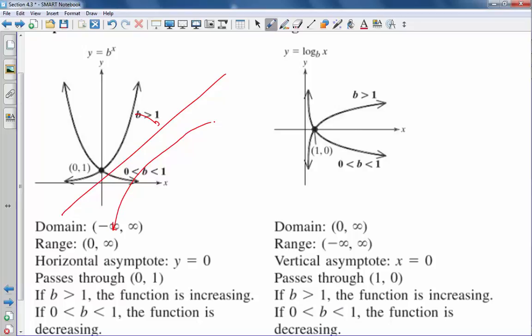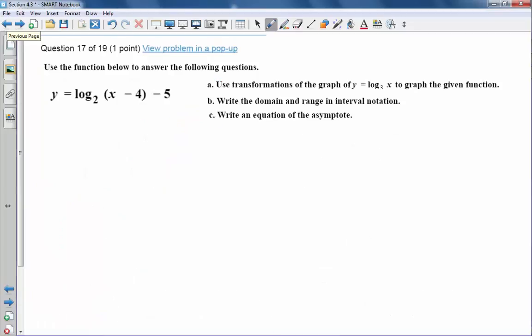Knowing this, we can now figure out the graph of logarithm base 2 of (x - 4) - 5. Okay, where do we start? There is some help.